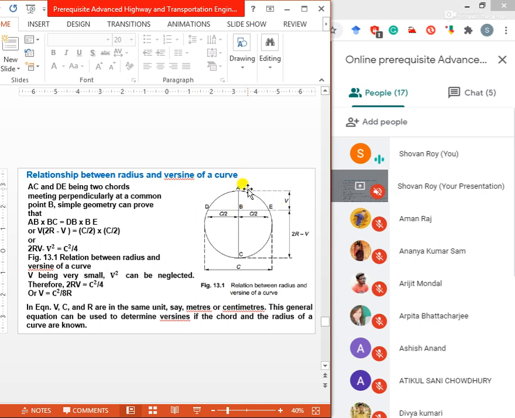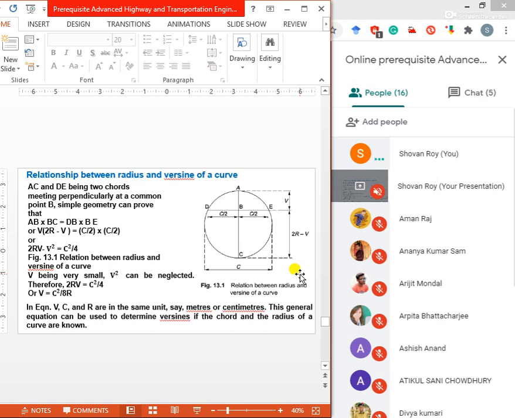As per geometry, AB into BC equals DB into BE, or V, the versine AB, into 2R minus V. The 2R is the diameter, minus this versine, that is BC. So BC is 2R minus V.